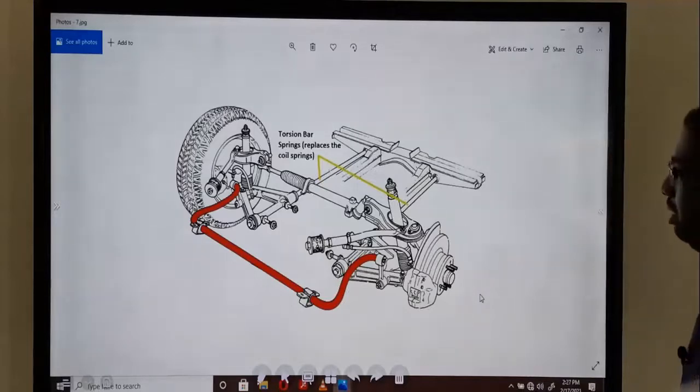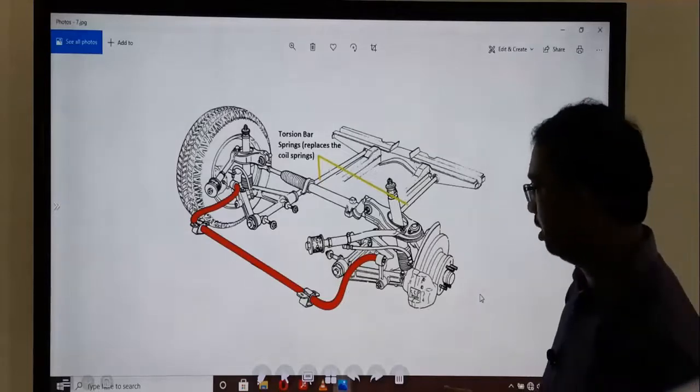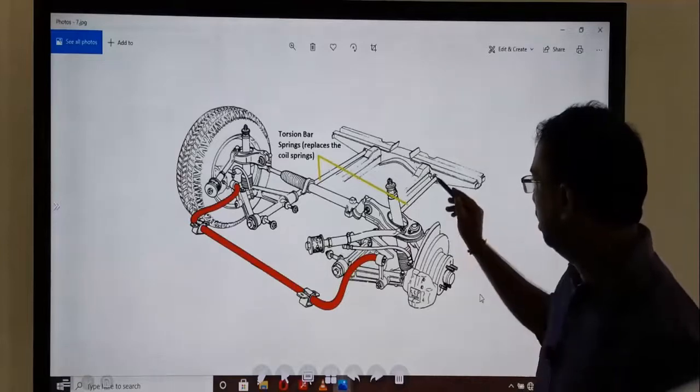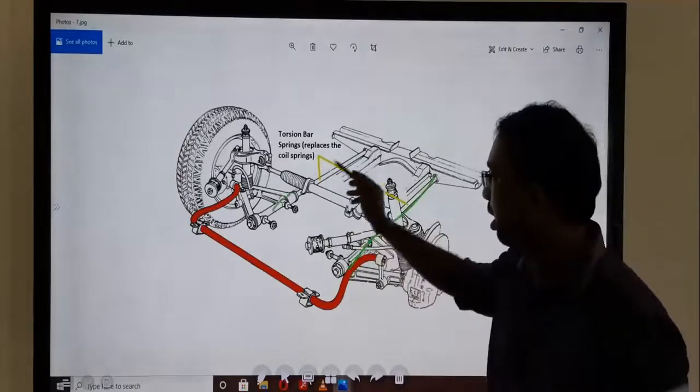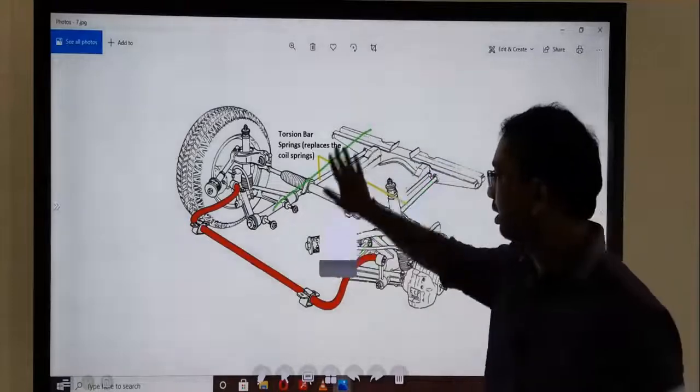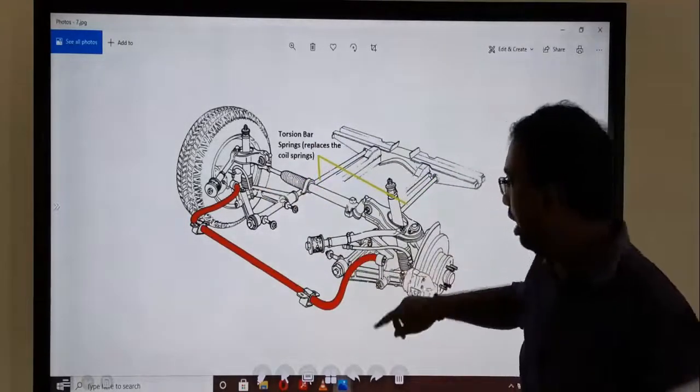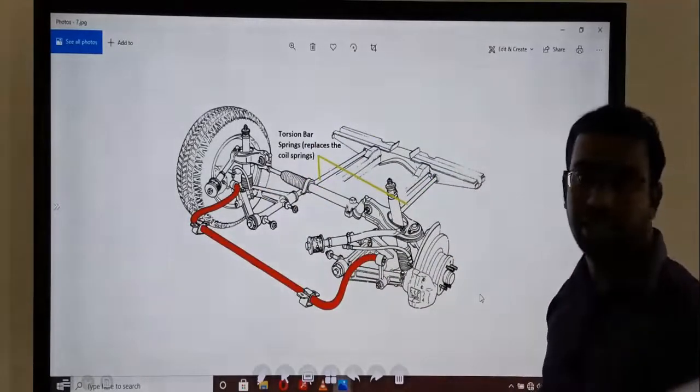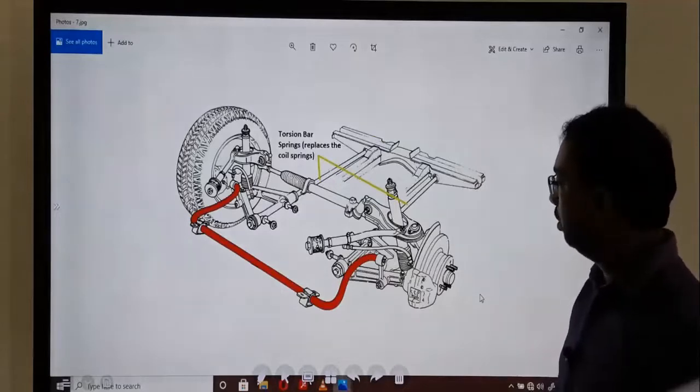So you can see there are two more bars here. This is called a torsion bar. This is the cross bar and this runs along the vehicle's length. What is the purpose?